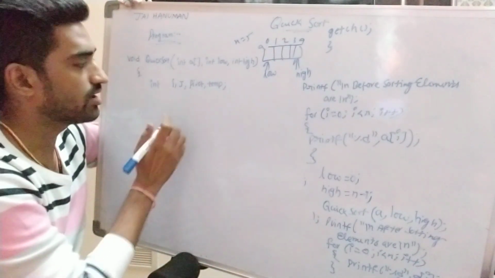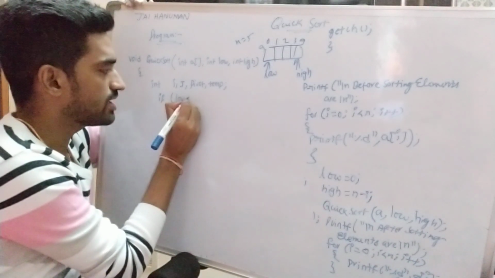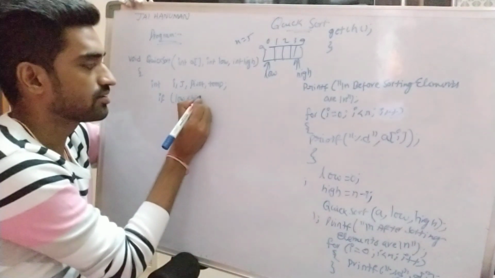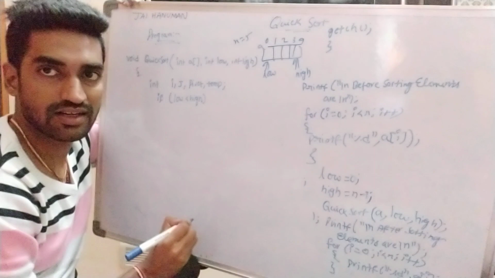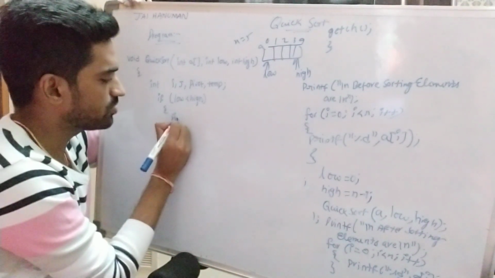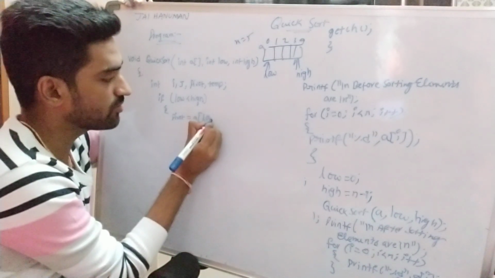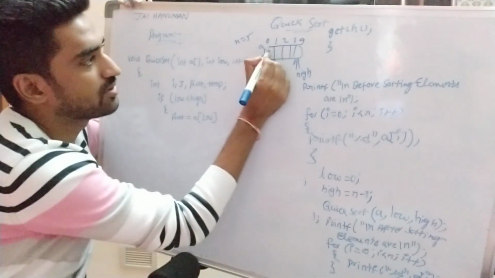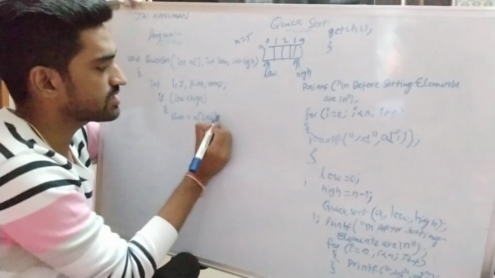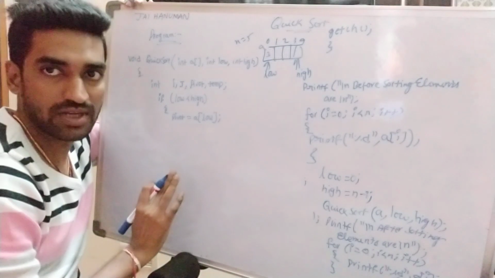After defining all the values, I am checking one condition. If low less than high, then pivot is set to be a of low. So the pivot value is set to be a of low. The first element can be considered as the pivot element. For suppose 3 is there, this can be considered as the pivot element, right?